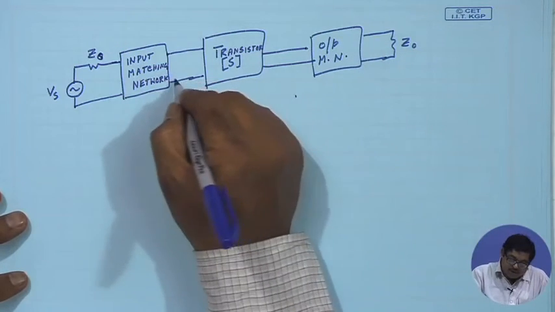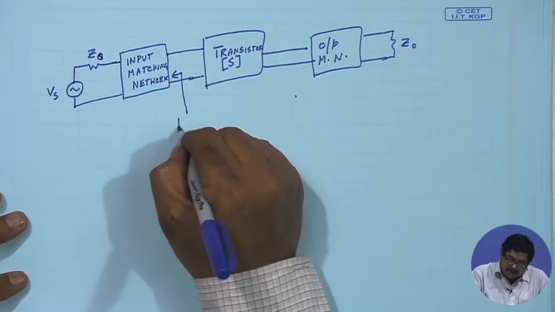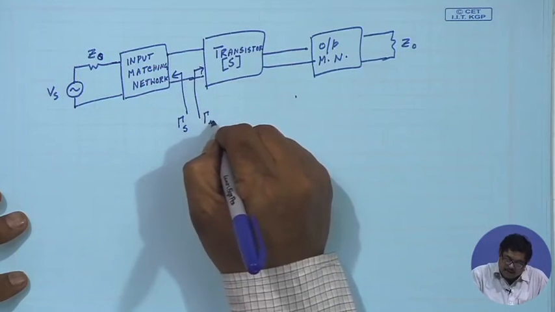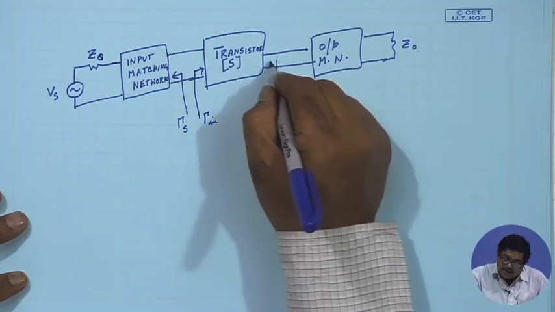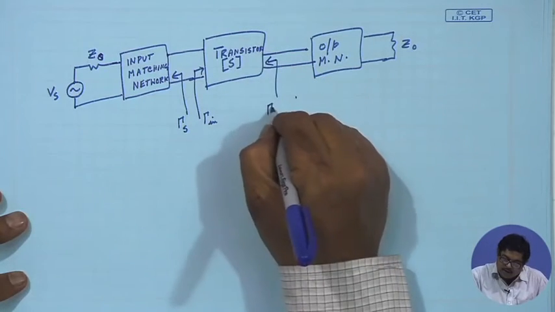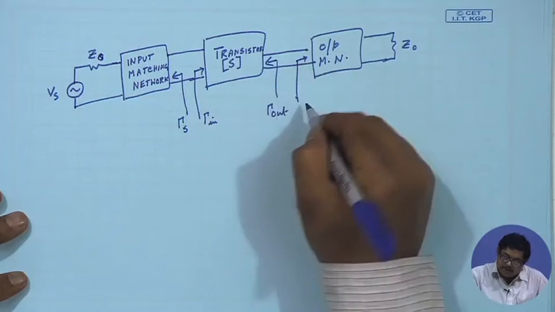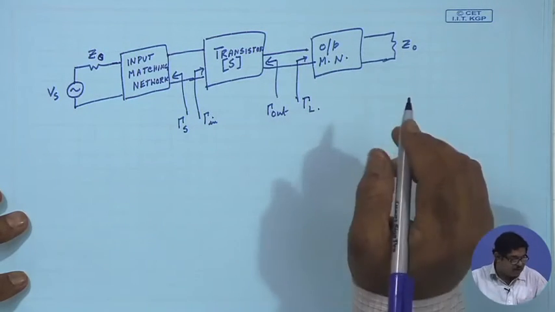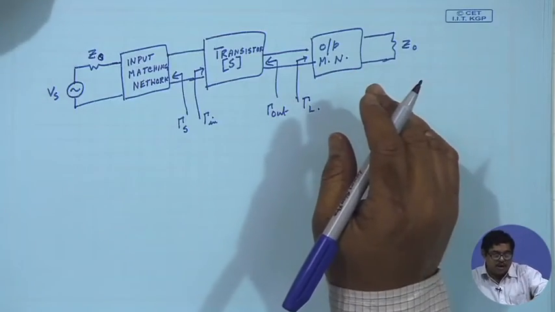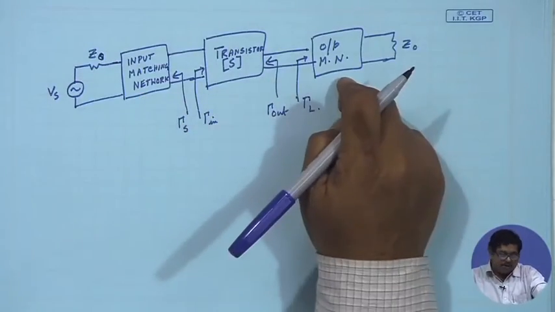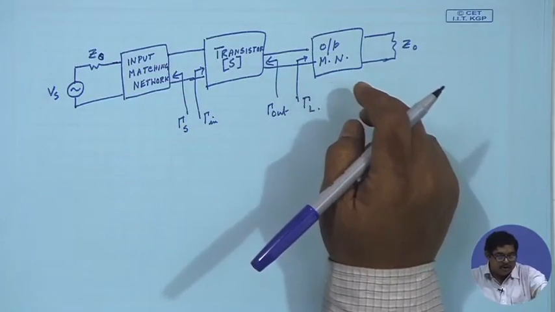So here I will have gamma S, here gamma in, here gamma out, and here gamma L. So these two are equivalent things. Here I had ZS, ZL, etc., but with an input matching network and output matching network I can do it.